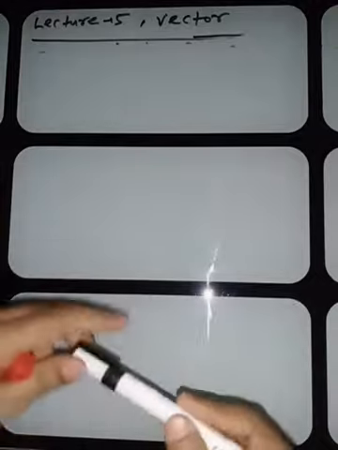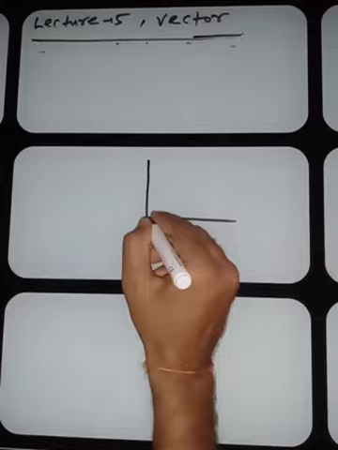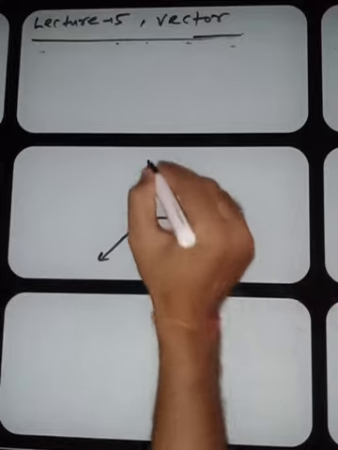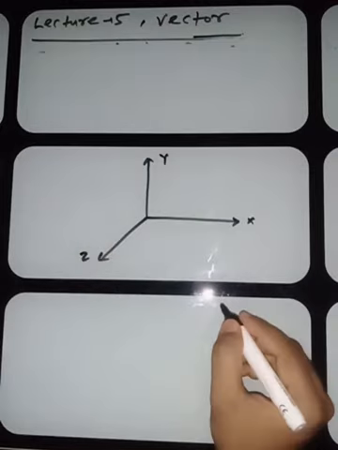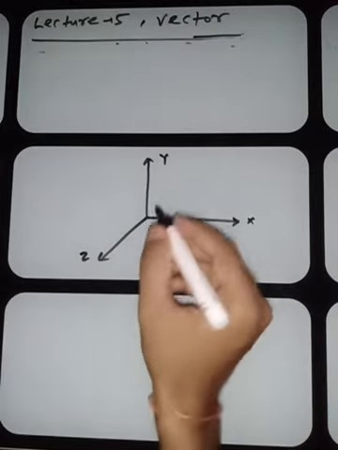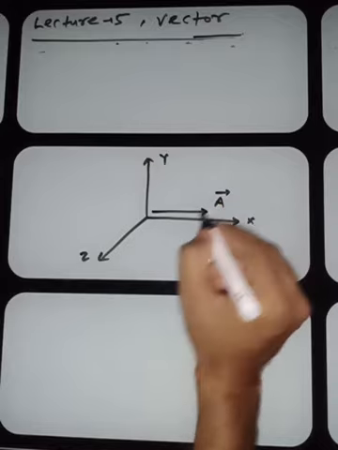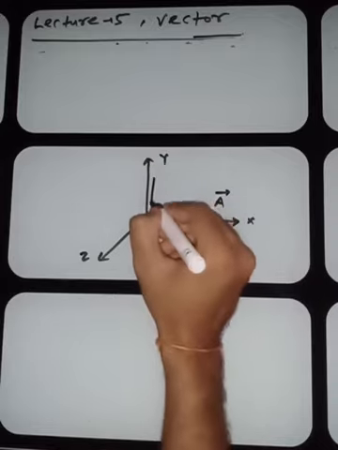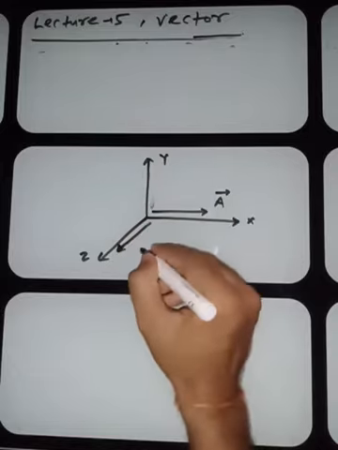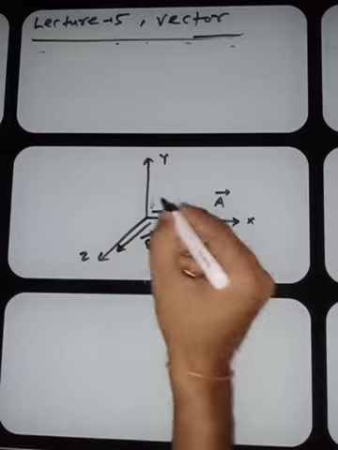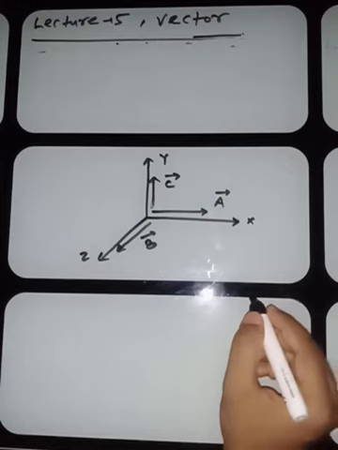Suppose, my dear students, I draw here the axes x, y, z. Now I keep a vector A along this axis, vector B along this axis, and vector C along this axis.